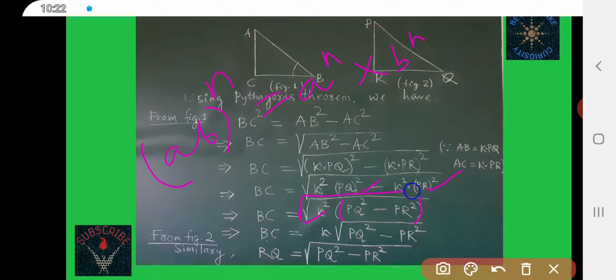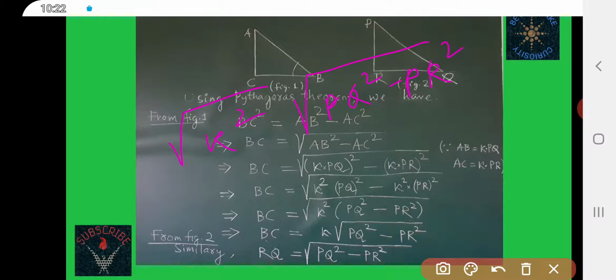Then you can write square root of k square, then square root of PQ square minus PR square.